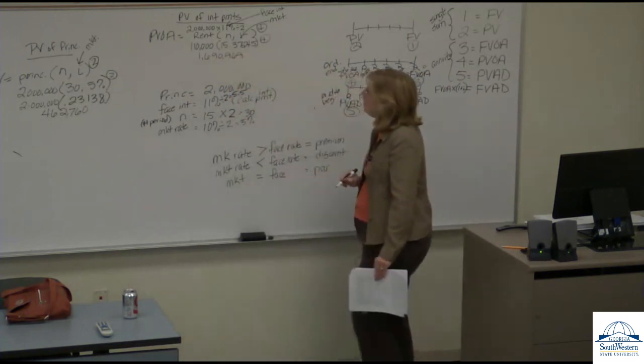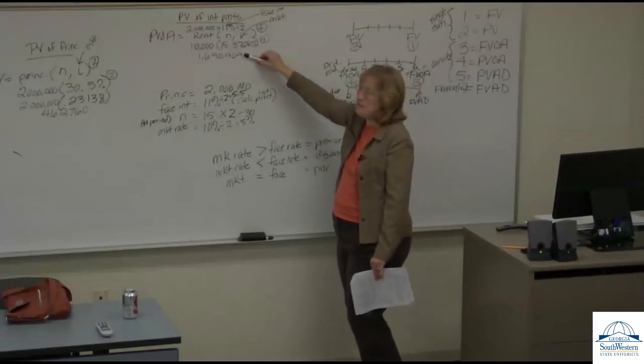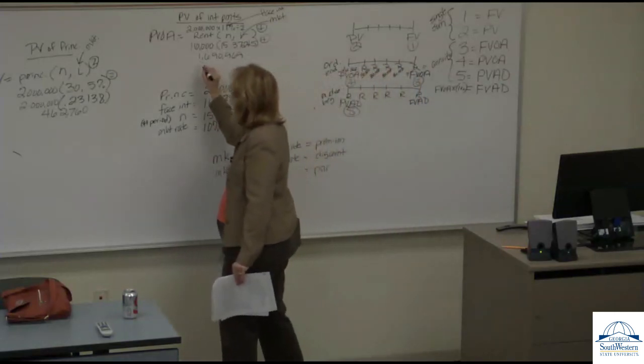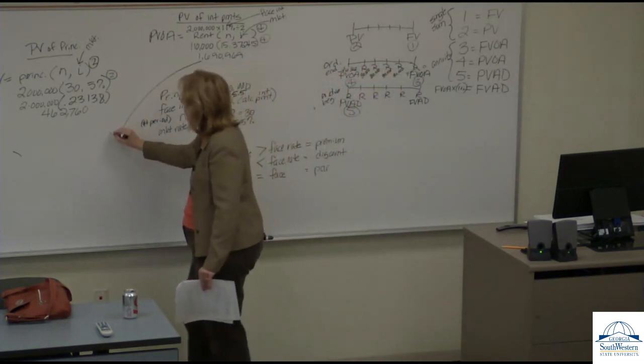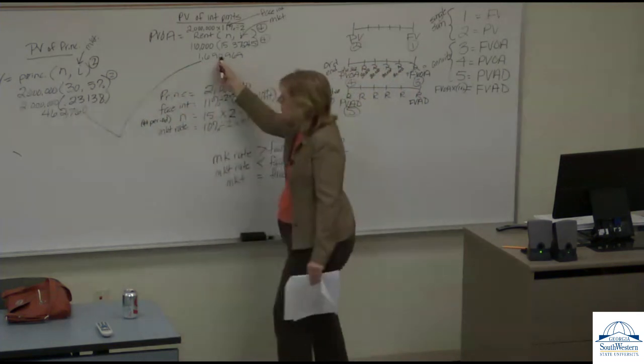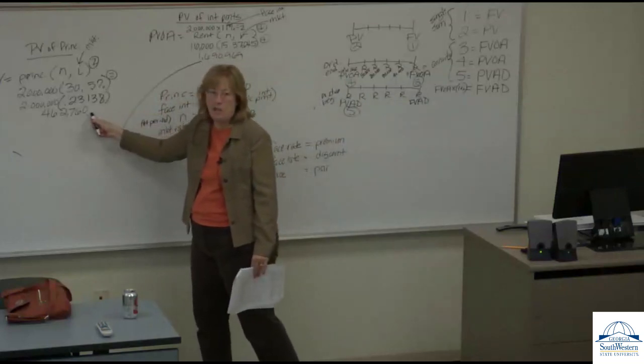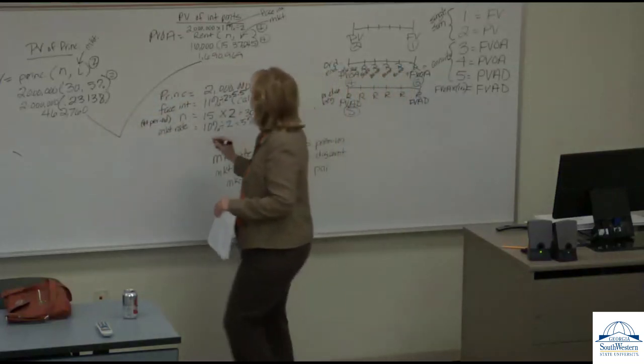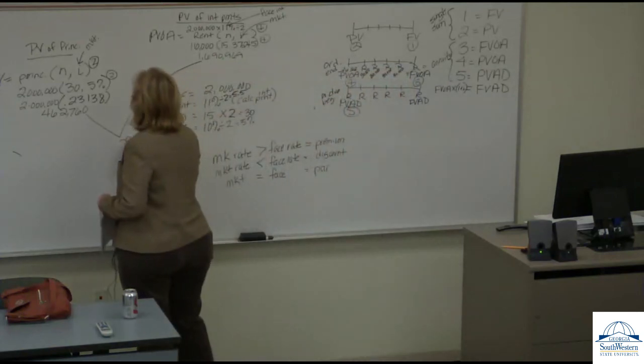Okay, so now the present value of the interest payments is some big number, right? So what are we going to do? We're going to add these two numbers together, this number and this number, to get the total amount that they would pay for this.